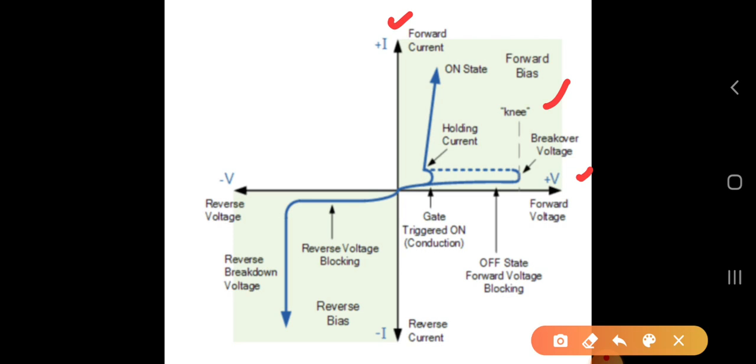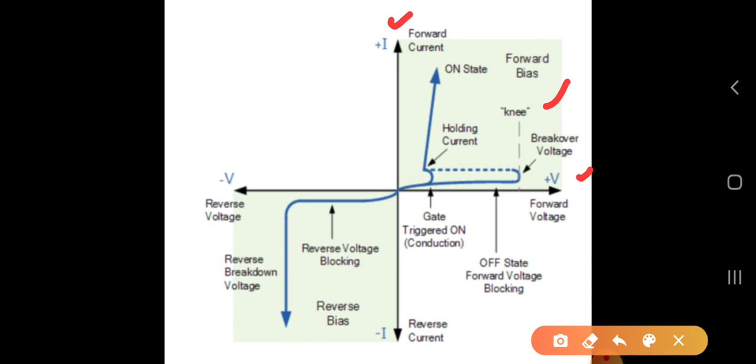Here what happens, if the supply voltage is increased from 0, a point is reached when the SCR starts conducting. So when you are increasing the voltage across anode and cathode, slightly increasing it from 0 and going on increasing it, at some point the SCR starts conducting, it becomes on.